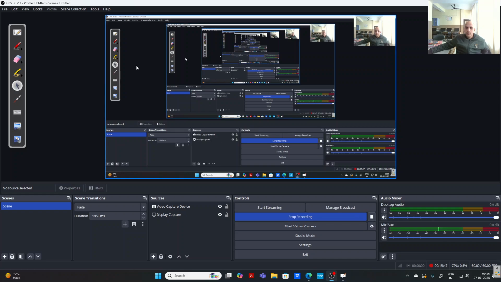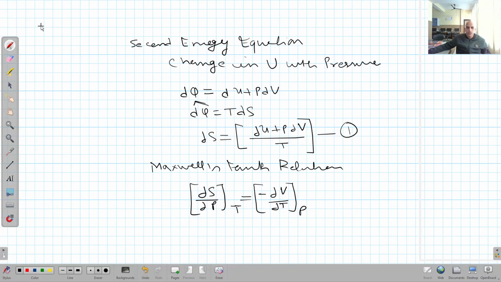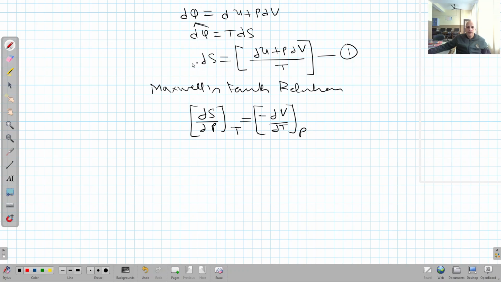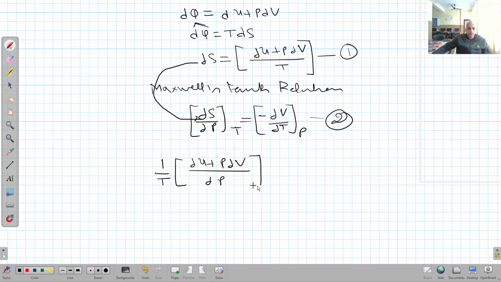So now we are going to make the substitution here. We put the value of ∂S in this equation, equation number 2. So what will it become? The same thing: 1/T [(∂U/∂P) + P(∂V/∂P)] at constant temperature T is equal to minus (∂V/∂T) at constant pressure. Okay, equation number 3.